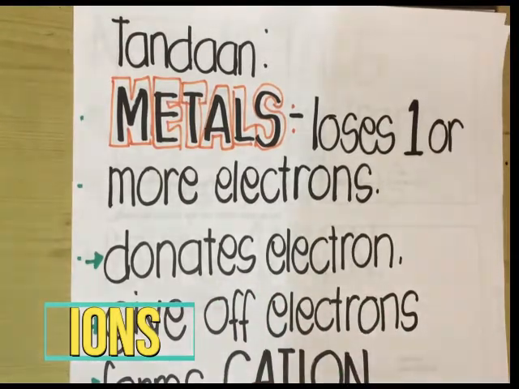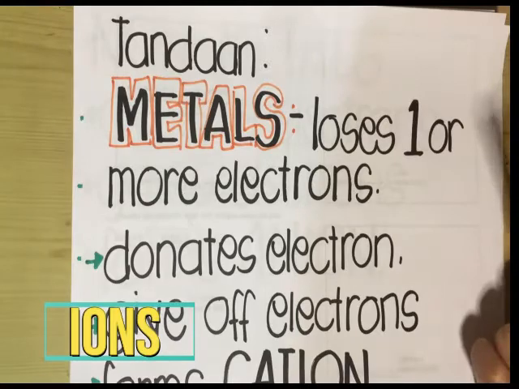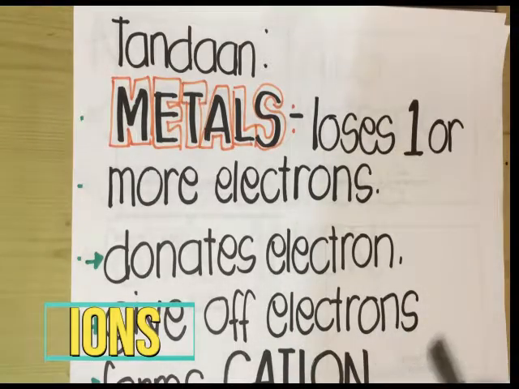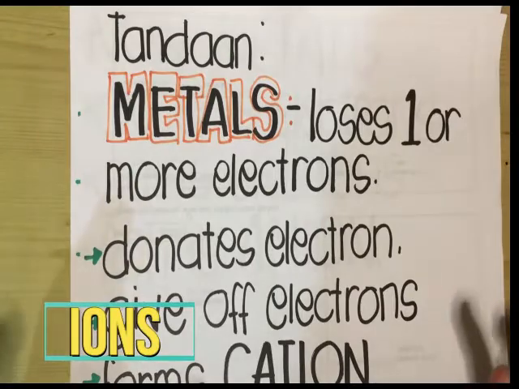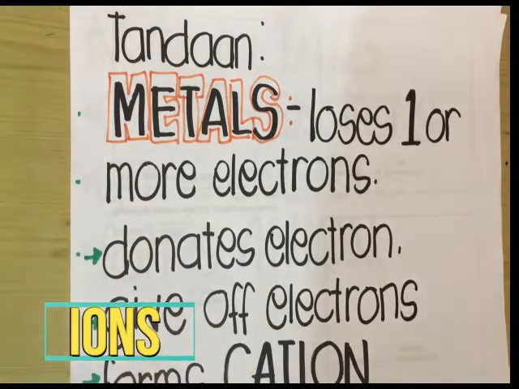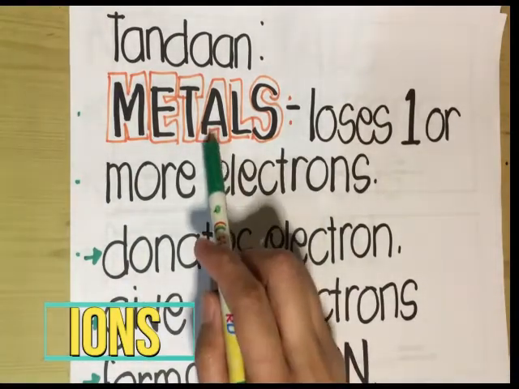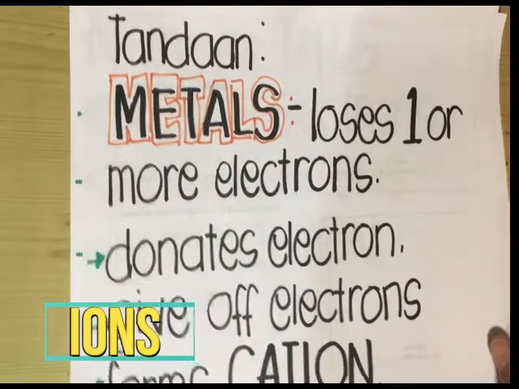Sila yung taga-donate ng electron, taga-bigay ng electron. They give off electrons. And since they give off electrons, nababawasan sila ng electron, and they form cations. Since nababawasan sila ng electron, mas nagiging dominant yung positive charge sa kanila, kaya nagiging cations usually yung mga metals.